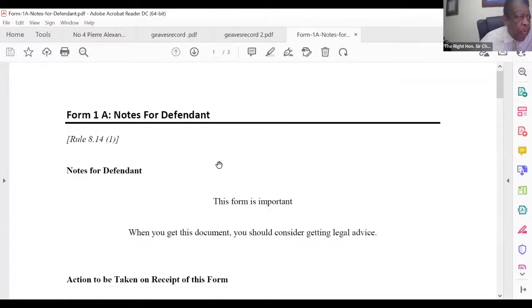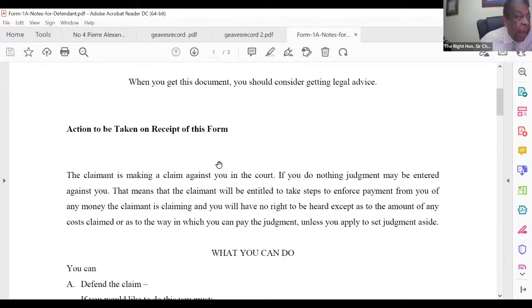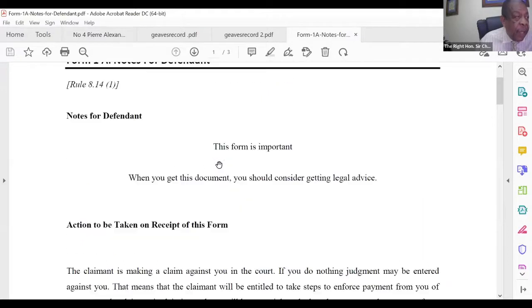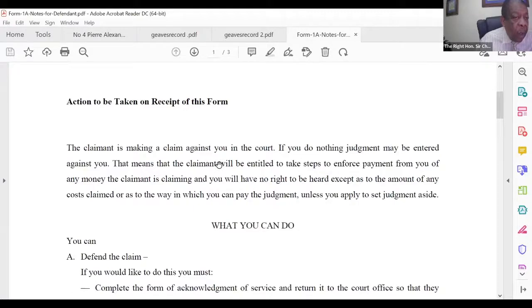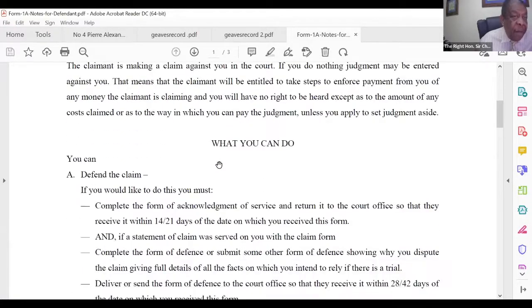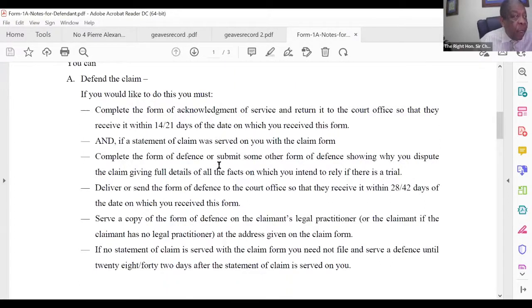You see, the form has notes for the defendant, and it tells the defendant what action can be taken on receipt of the form. It explains what will happen to the defendant if the defendant does nothing. But it sets out how the defendant can defend the claim if the defendant wants to defend, and it sets out the process that must happen.